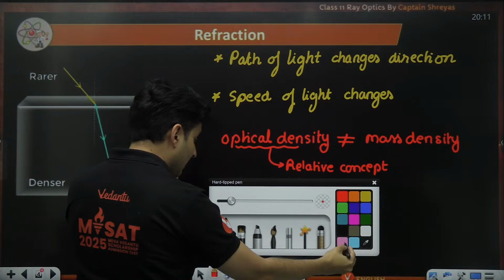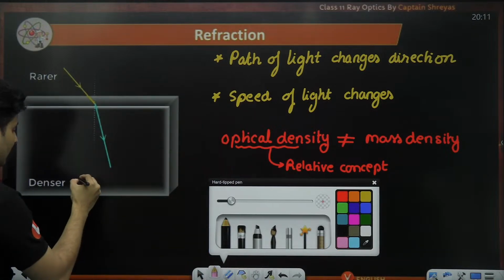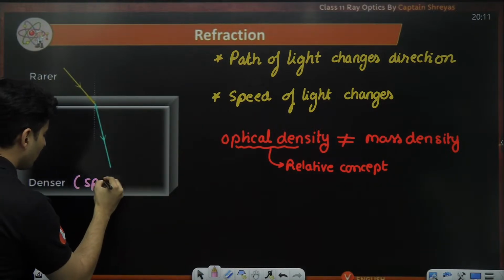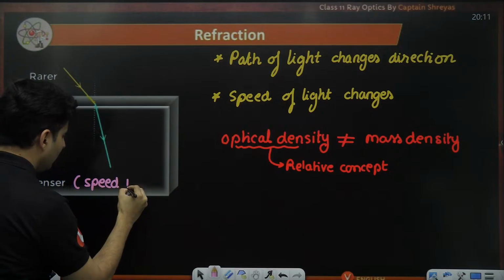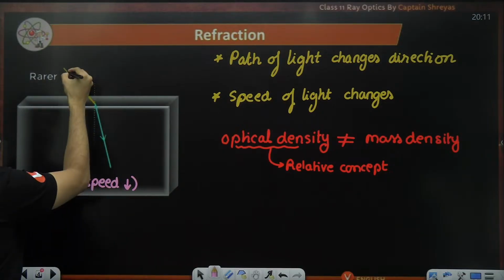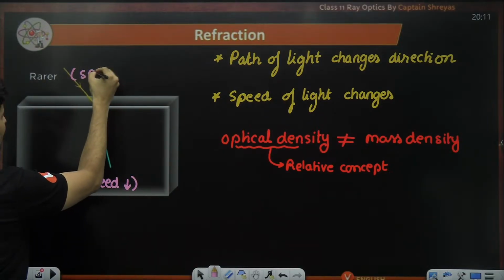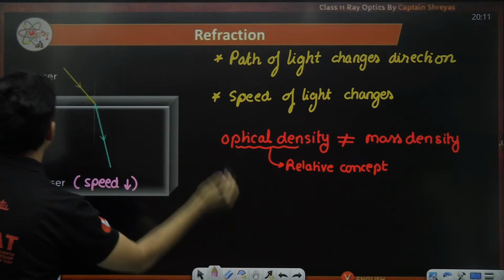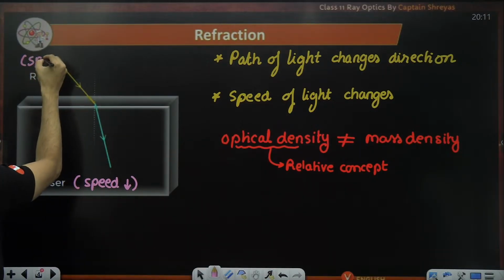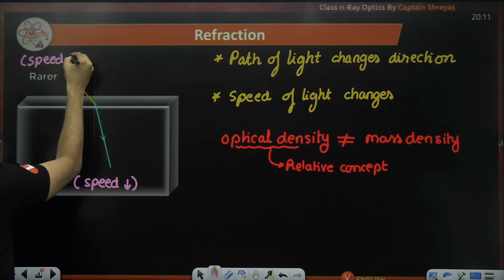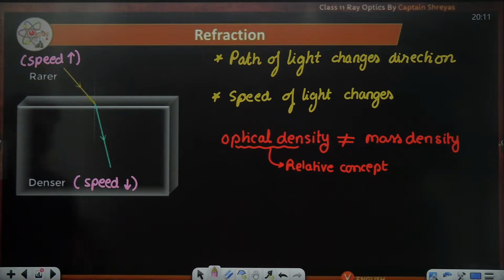So whenever I say the medium is dense, the speed will reduce. And when I say the medium is rare, then the speed of light will be more in that particular medium.